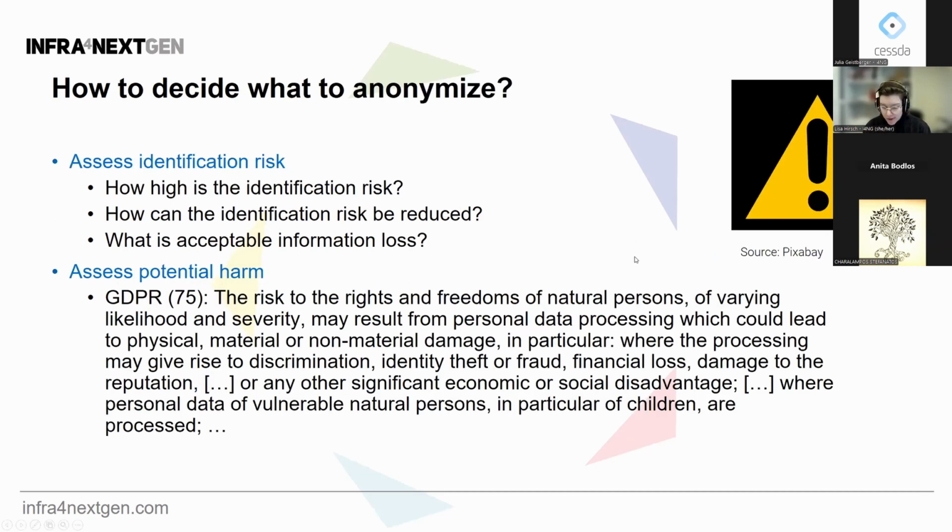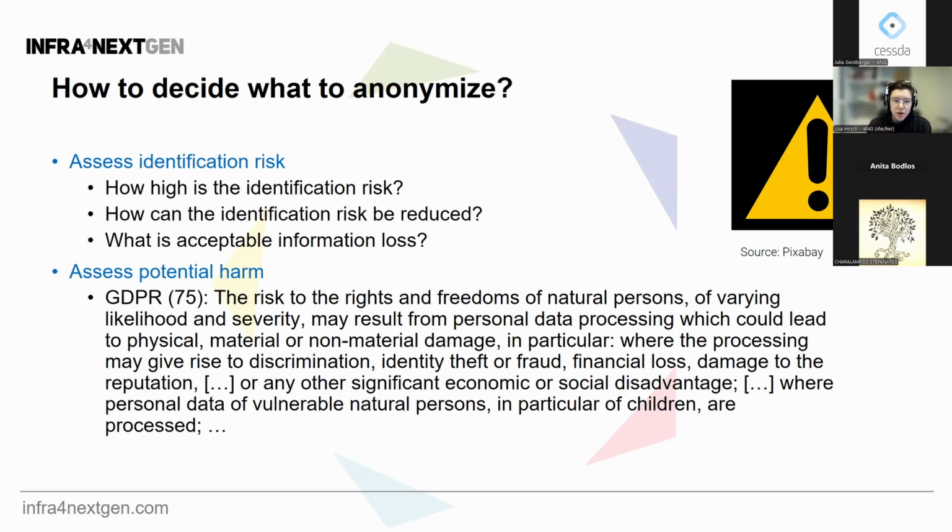So obviously the next question is, but how do you decide what to anonymize? And here there's 2 aspects to keep in mind. So first of all, there's the identification risk. And second of all, there's potential harm. So both of these speak to the question of what actually happens to a respondent, or what would happen to a respondent if they were to be identified in a data set.